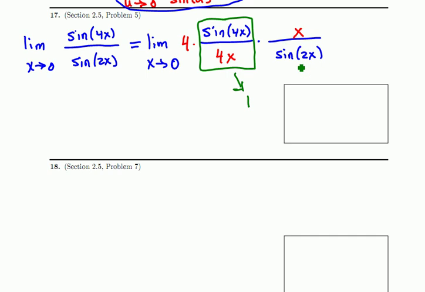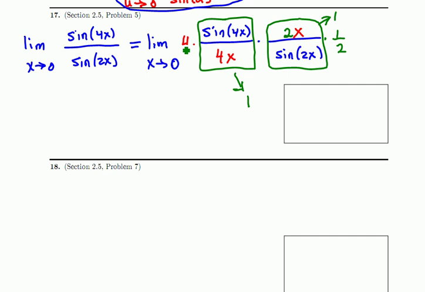I still have to handle this piece. In this particular piece, I've got sine of u in the denominator, but I don't have u in the numerator. To get u in the numerator, I need a 2. I can put that there if I compensate by multiplying by a 1/2. If I do that, I then have u over sine of u with u going to 0, and as a result, this quantity here is also going to tend towards 1 when x goes to 0.